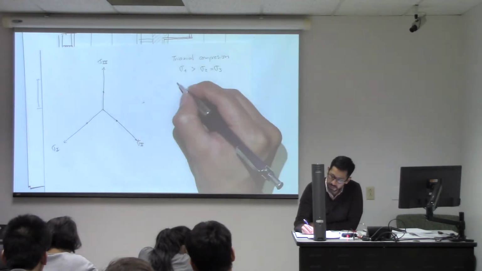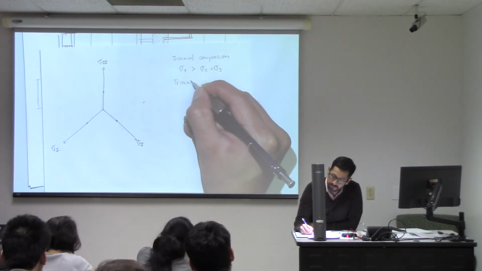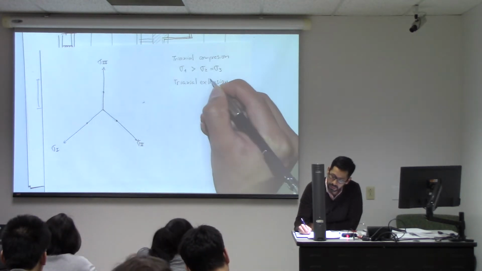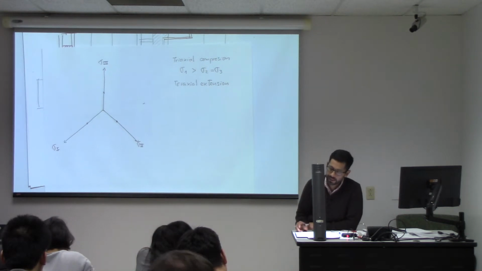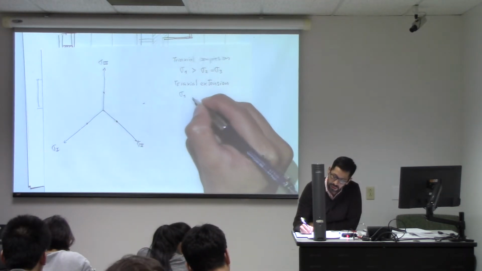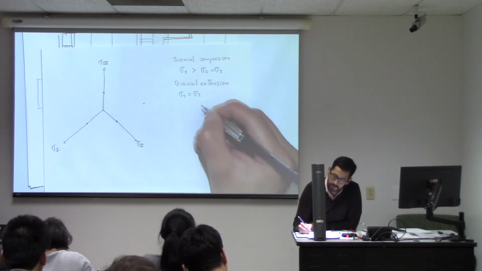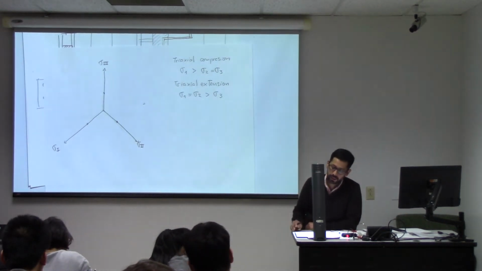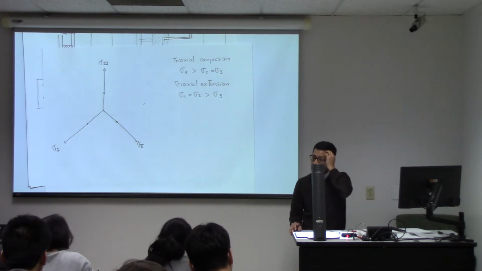However, this is not the same as performing what is called a triaxial extension test. In a triaxial extension test, your sigma 1 is equal to your sigma 2, and thus higher than your sigma 3.